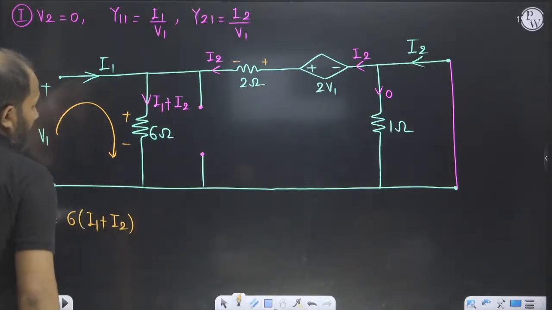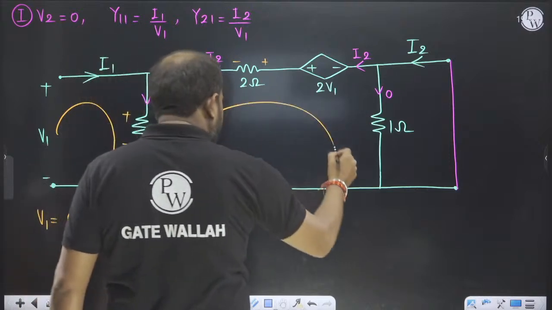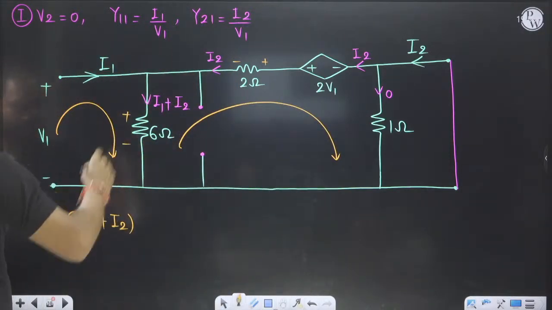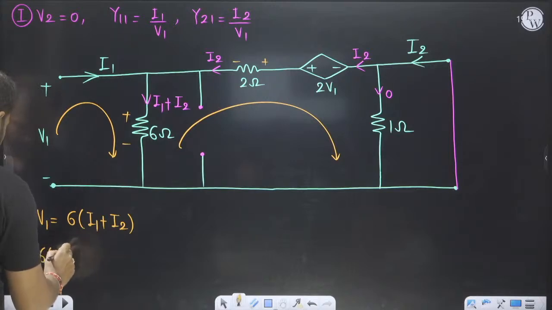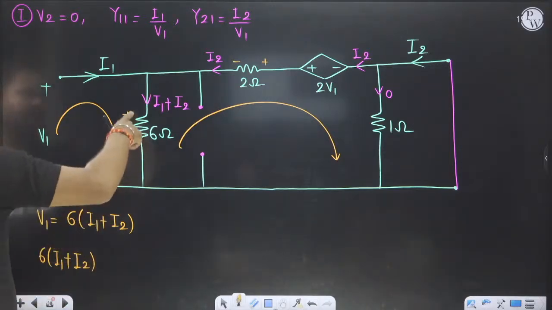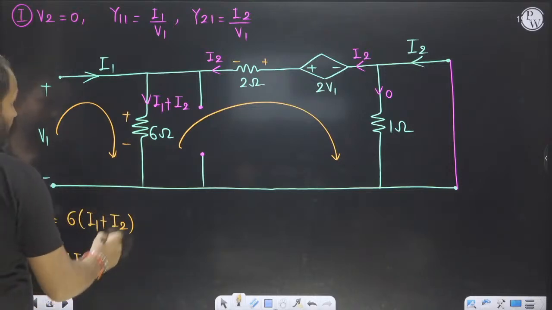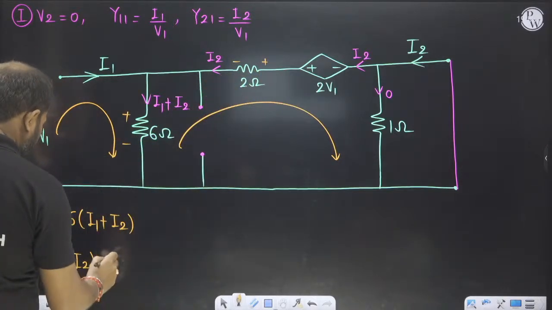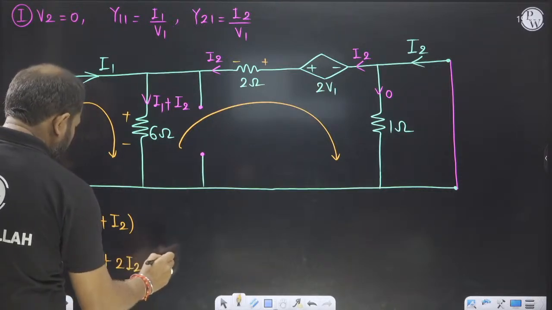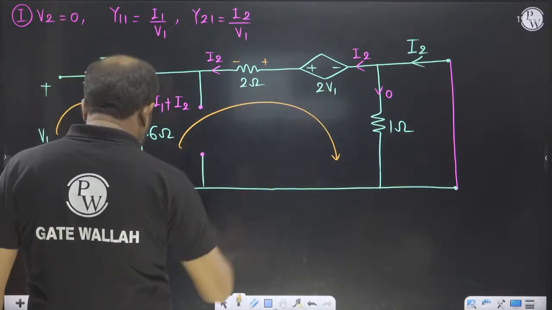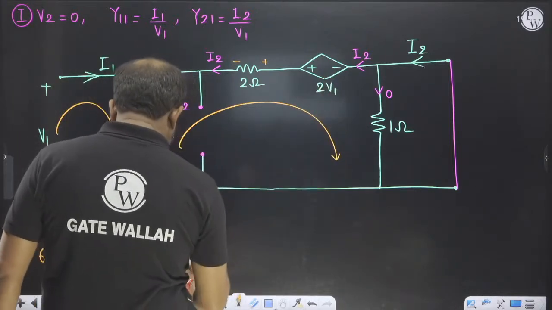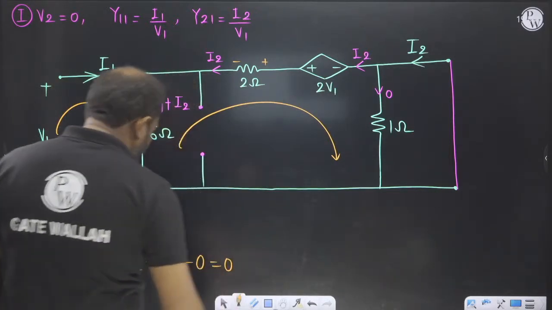And then we will apply KVL in this direction. So in this case, we have minus 2 plus 6(I1 plus I2), and minus 2 plus 2 I2, and plus 2 minus 2 V1, and then 0 is equal to 0.